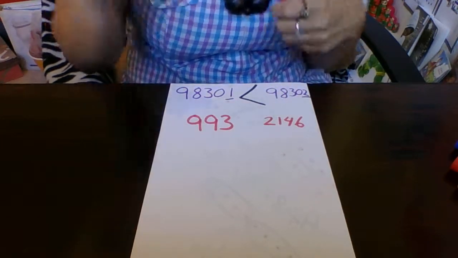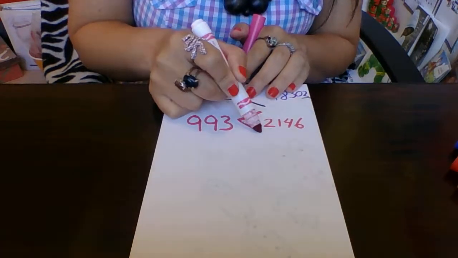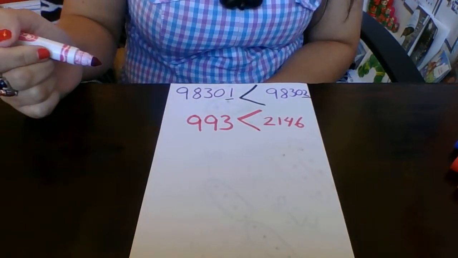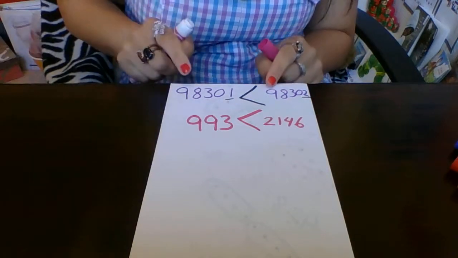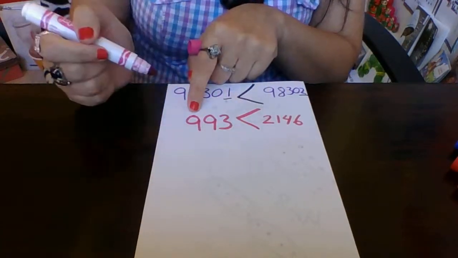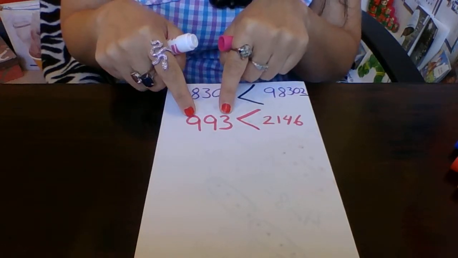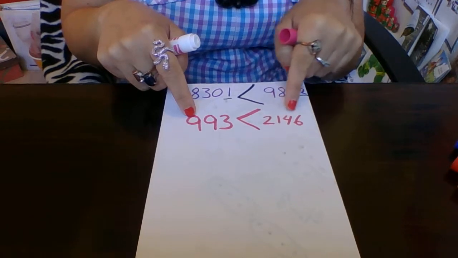Immediately I know 4 digits, that's a bigger number than 3 digits. My alligator mouth is going to go like this. So you can't always just look at the first number and determine, well, 9's bigger than 2. Well, yeah, 9 is bigger than 2, but this is 993. This is 2146.